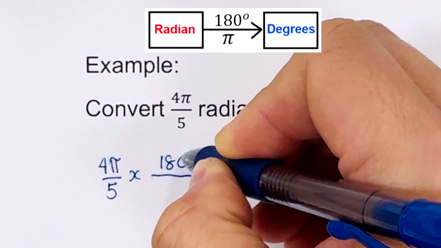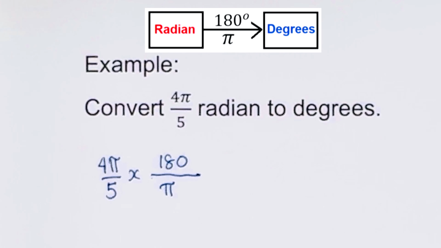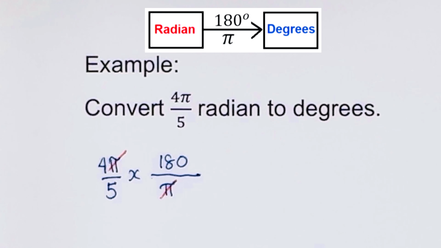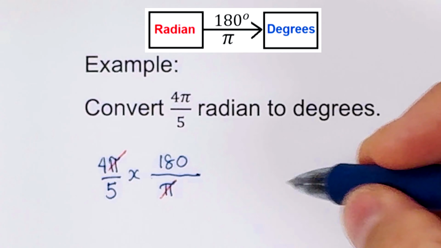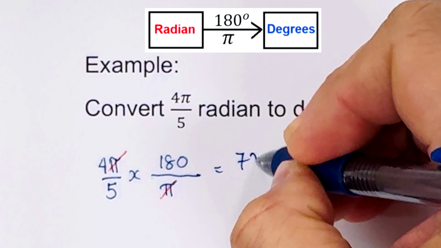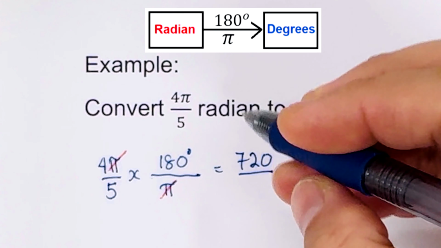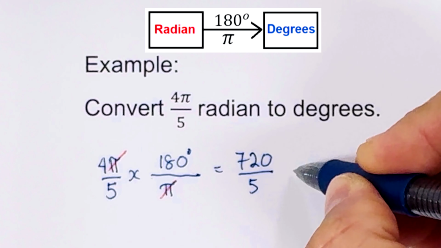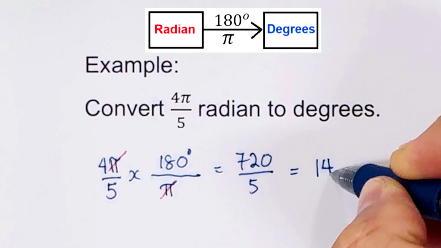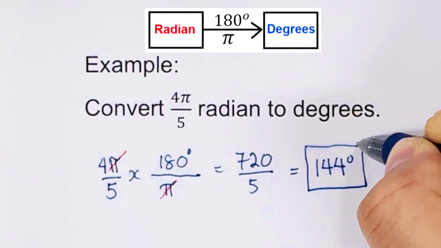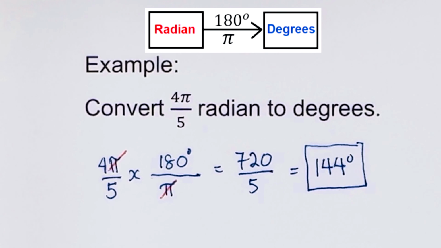From here, we can cross out the pi and multiply them across. 4 times 180 is 720, and that's in degrees. 720 over 5, dividing this, comes out to 144 degrees.